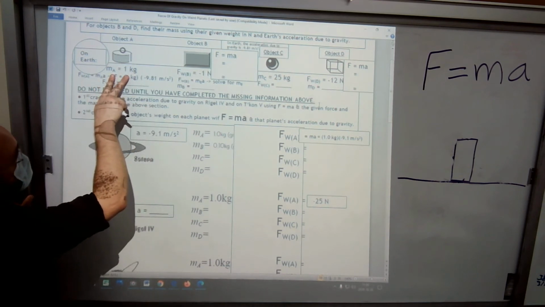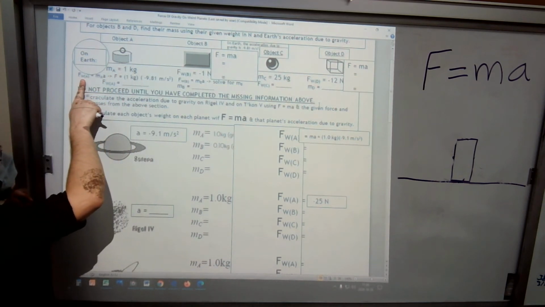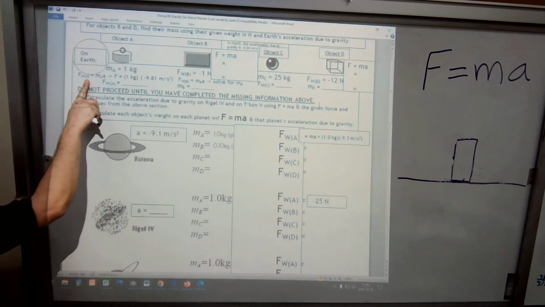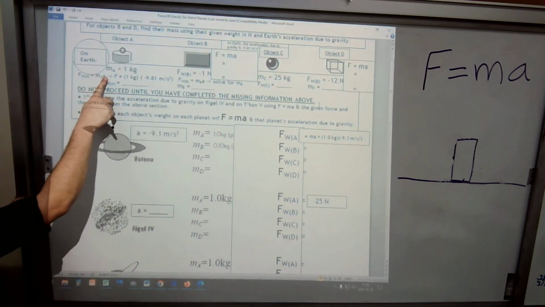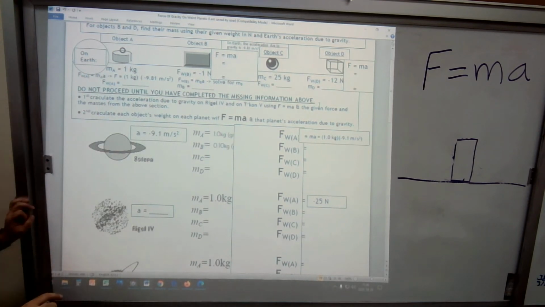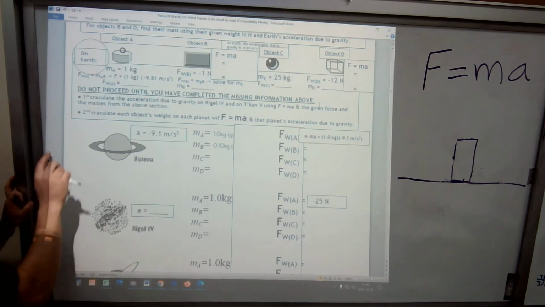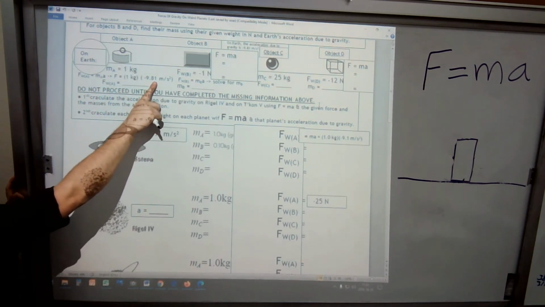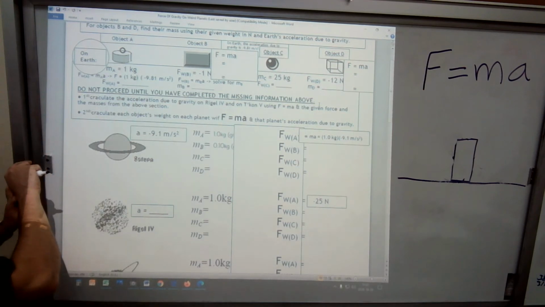Weight is a force, so we'll use F equals ma. I'm saying the force of weight of object A equals the mass of A times a. That's just F equals ma, with some extra little letters saying that it's weight and object A. So m is 1, and a is that negative 9.81.